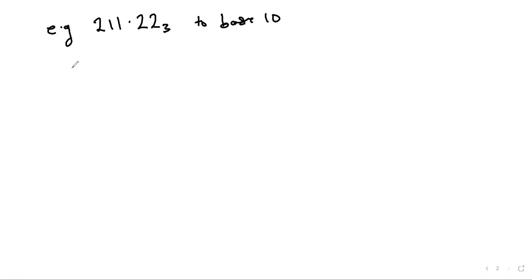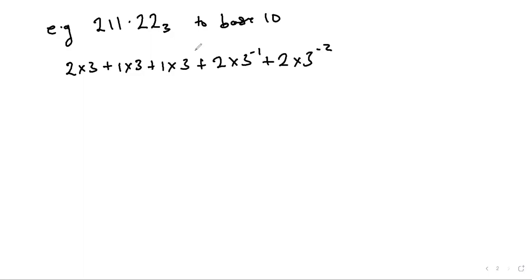You take the first number, 2 times the base, plus the second number, 1 times the base, plus the third number, 1 times the base. Forget about the decimal point for now. After the decimal point, it will be the first digit times the base, but this time raised to the power of minus 1, plus 2 times the base raised to the power of minus 2.